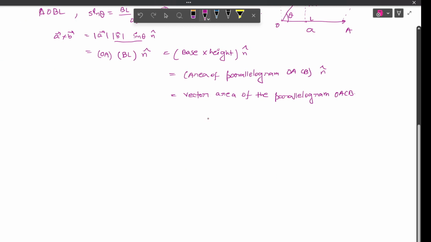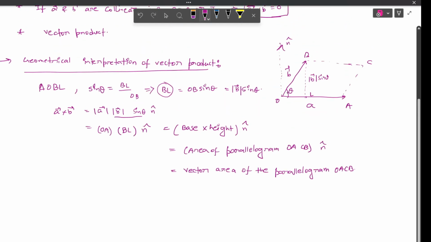So A cross B is a vector whose magnitude is equal to the area of the parallelogram having A vector and B vector as its adjacent sides, and its direction is along n cap, that is perpendicular to both A and B, such that A vector, B vector, and this n cap form a right-handed system.